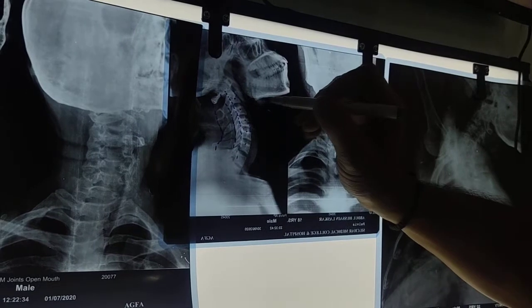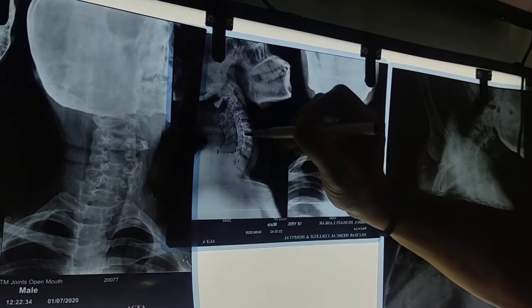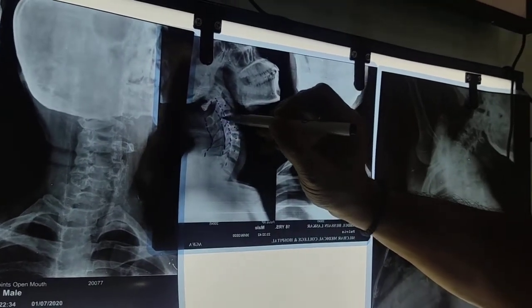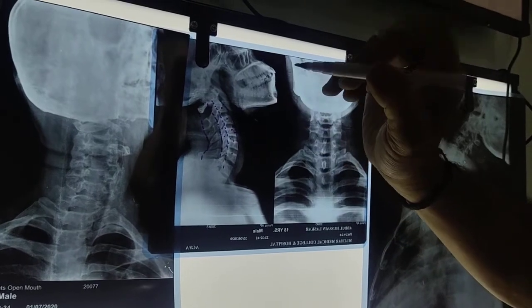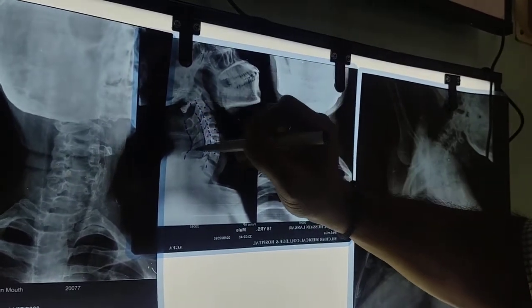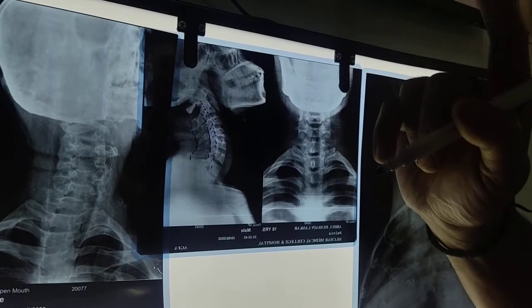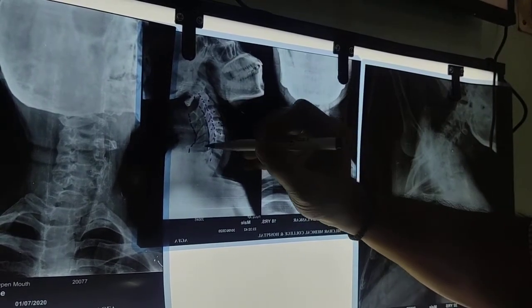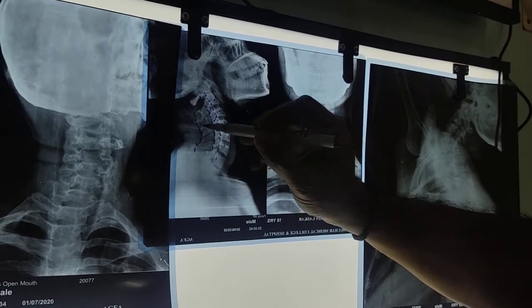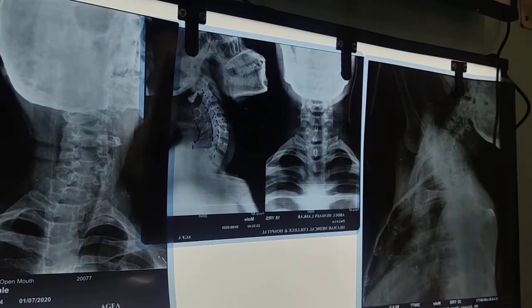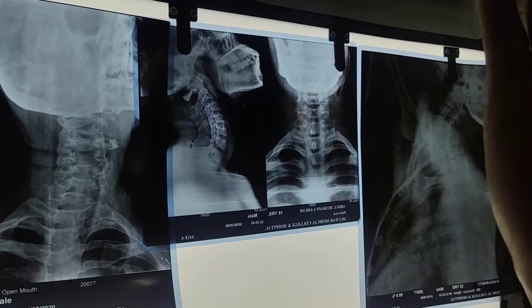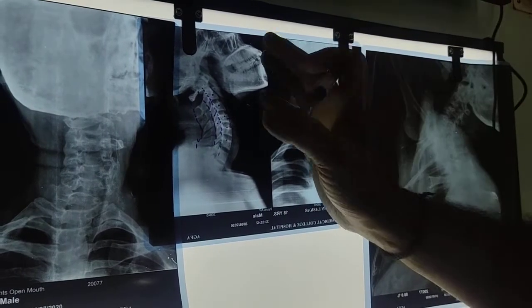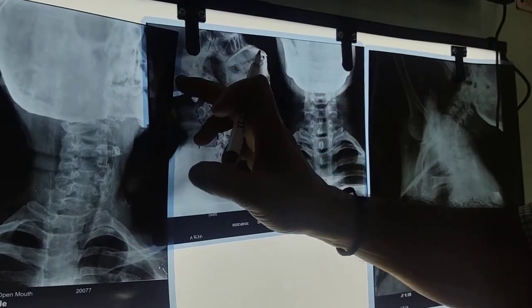Then you also see the posterior part, the joint part. These joints are important to see. The lateral joint, and then the spinous process is also important to see. Particularly, sometimes you may not find anything anteriorly, but you may find a fracture of the spinous process. This is basically seen in a hyperextension injury, where the body is going like this.